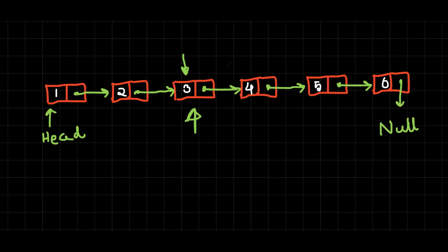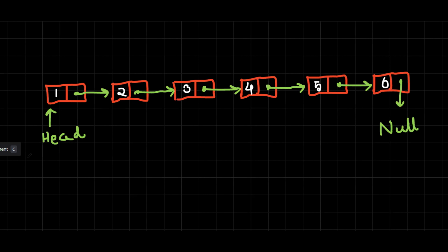The initial node is connected to head, and the second value of the last node is set to null because it does not connect to any other memory address.